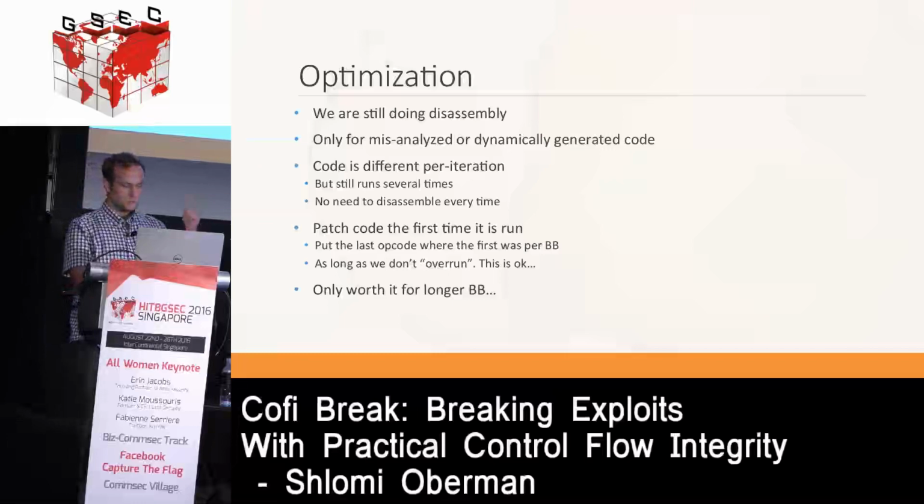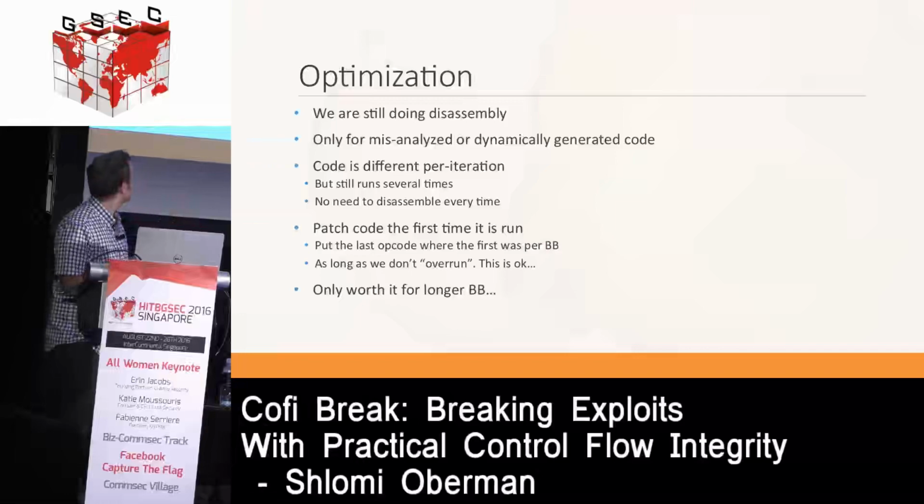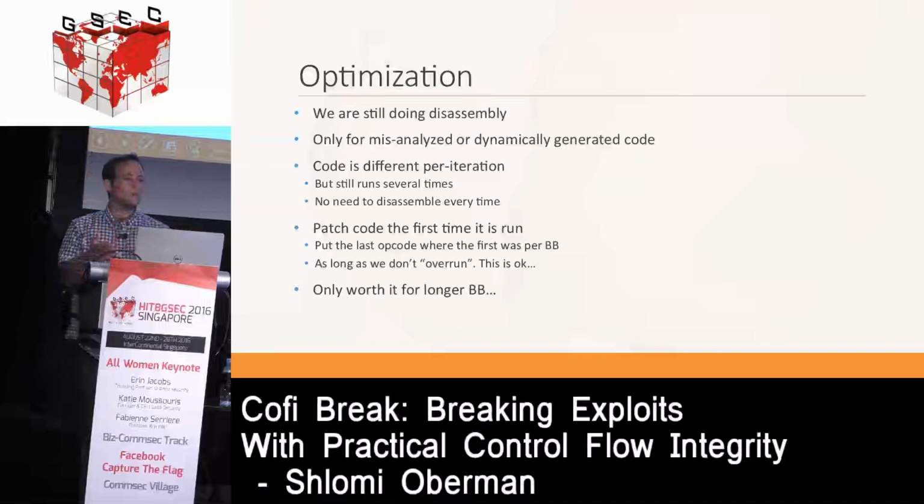If we have a long basic block, we take the jump instruction at the end and put it right at the beginning so we don't have to disassemble all the move instructions the next time we encounter this. Another thing that can be done, which is a little bit tricky, is partial disassembly, right? These move instructions, even if we do disassemble them once, we don't actually need full operands for every instruction. We only need the length of instructions if they are not branch producing.